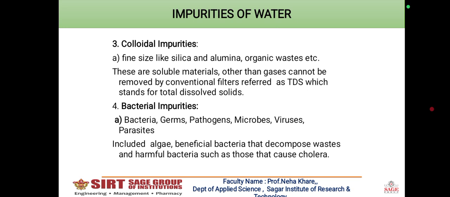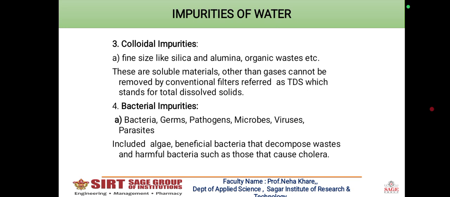Next, the fourth is bacterial impurities. Bacterial impurities include bacteria, algae, fungi, and other small aquatic animals. They are present in surface water, and this type of impurity imparts color, odor, and turbidity to the water.